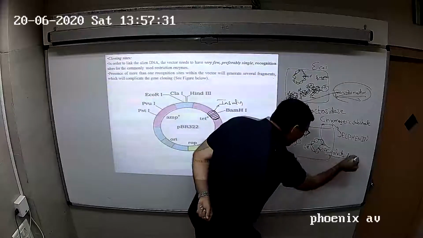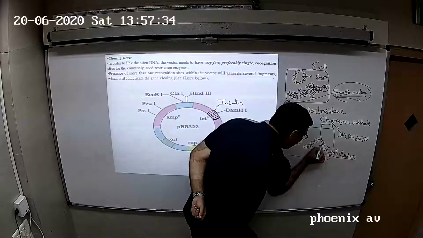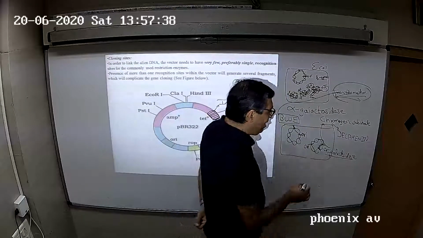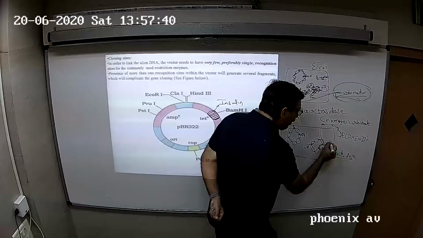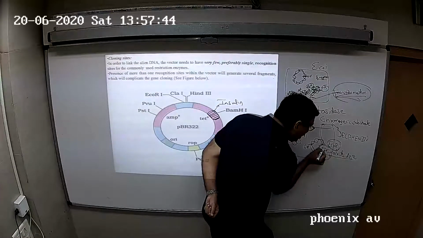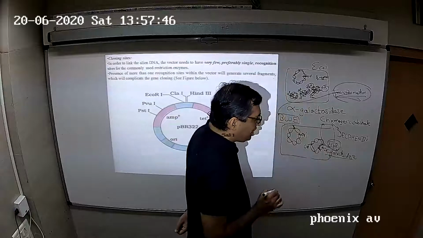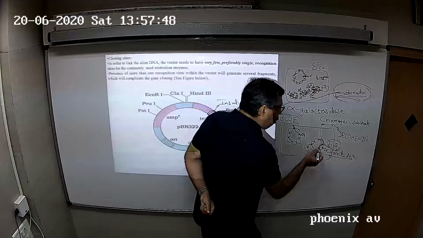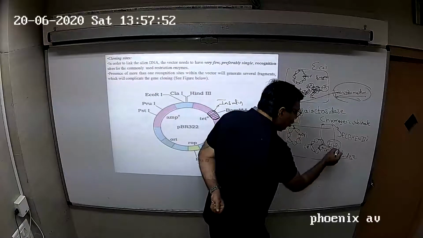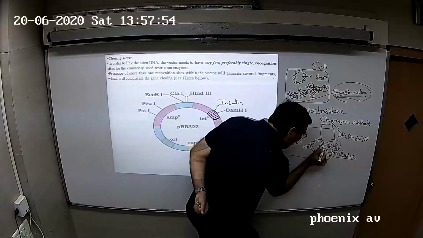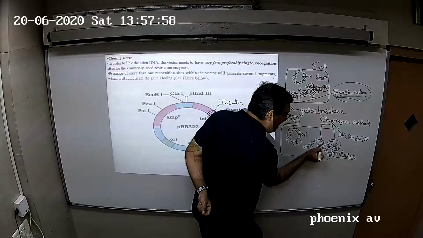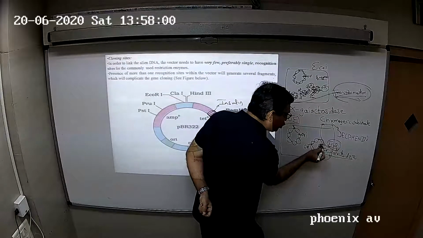Inside this alpha galactosidase gene itself we have recognition sites, including a recognition site for EcoR1. So the EcoR1 recognition site is in the alpha galactosidase gene, and we now remove this plasmid, use EcoR1, cut the alpha galactosidase gene and put in the gene for insulin.